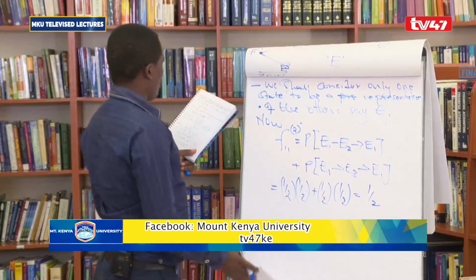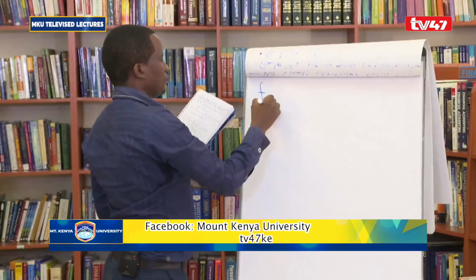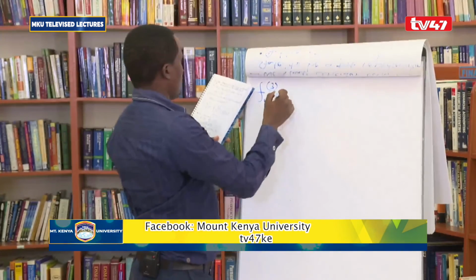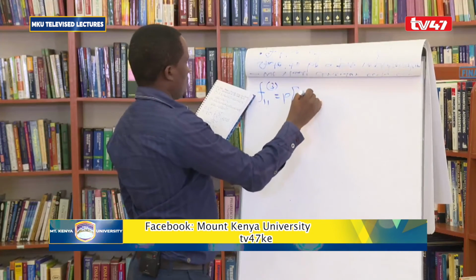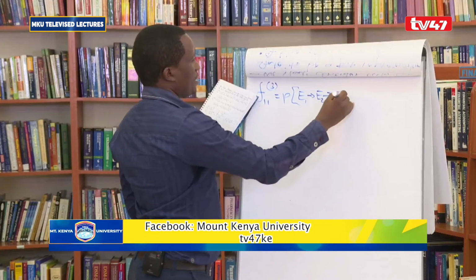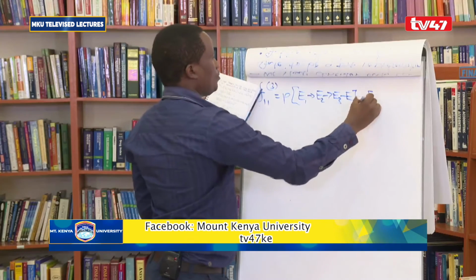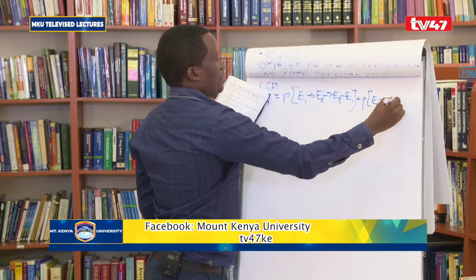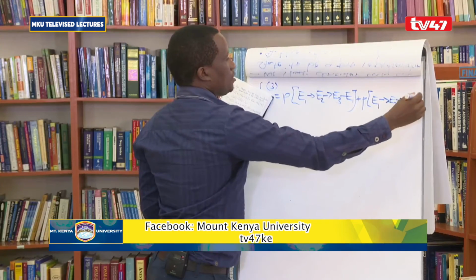Now, the probability of moving from state 1 to state 1 in exactly 3 steps will be the probability of moving from state 1 to state 2 to state 3, then going back to 1, or the probability of moving from state 1 to state 3, back to state 2, then to state 1.